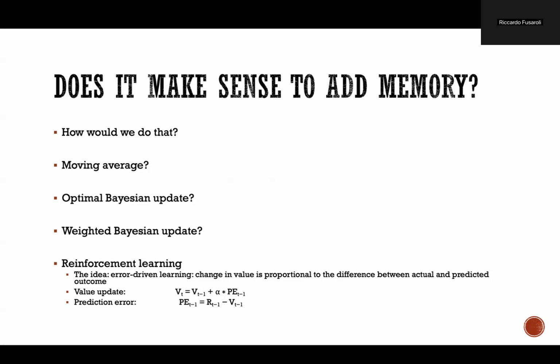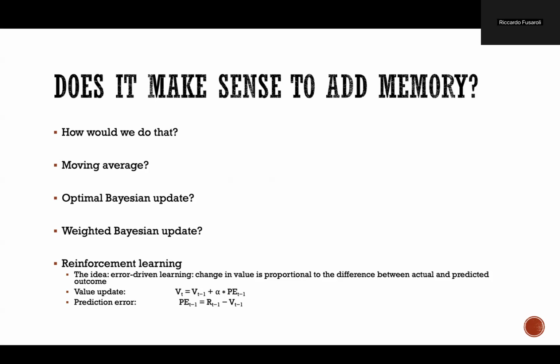Okay, which is basically this idea of a weighted Bayesian update, where the value at any given time t is equal to the value at time t minus 1 plus the prediction error, which is my choice and the feedback that it has gotten, weighted according to a parameter called learning rate, alpha, which can go between 0 and 1.